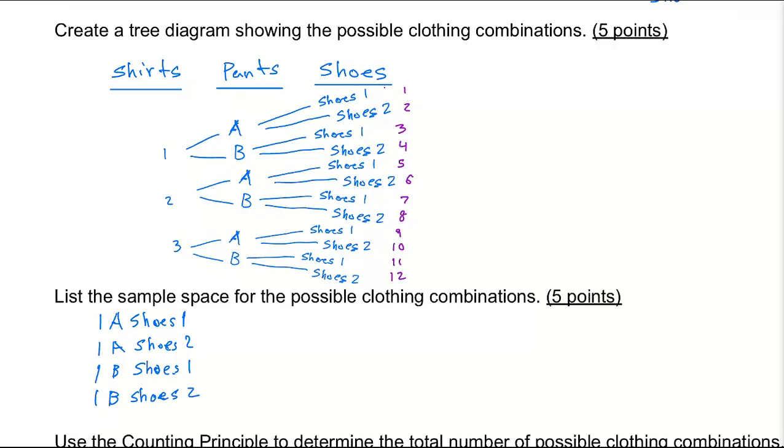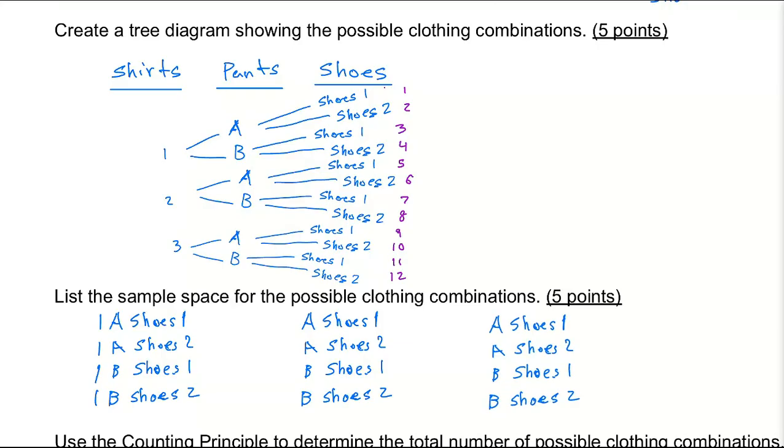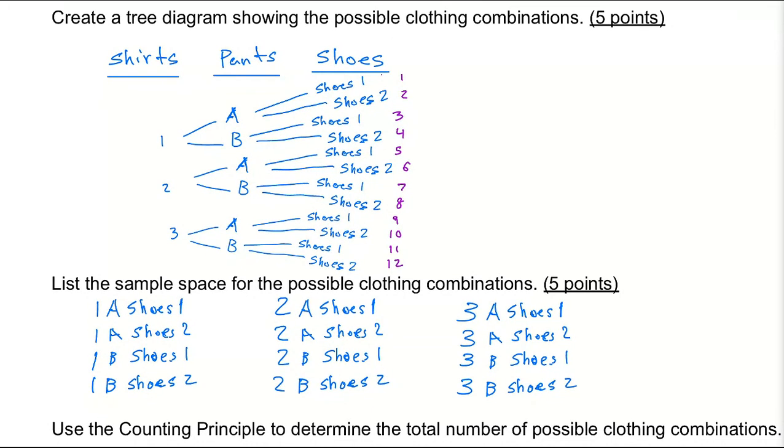Okay, and all of these combinations are kind of going to repeat for shirt 2 and shirt 3. So those are all of your sample spaces. If you count those, they're all 12 there.